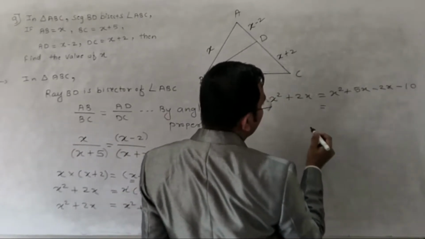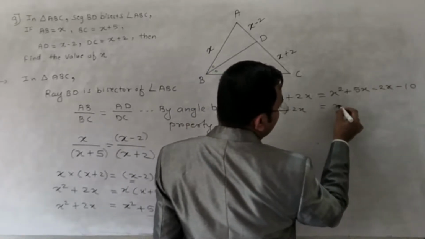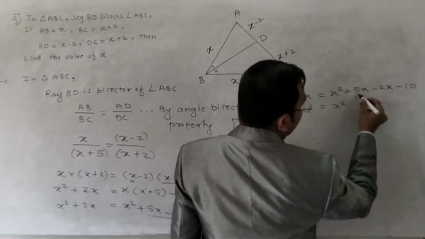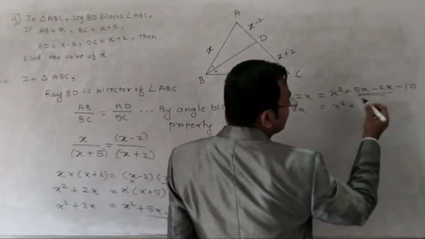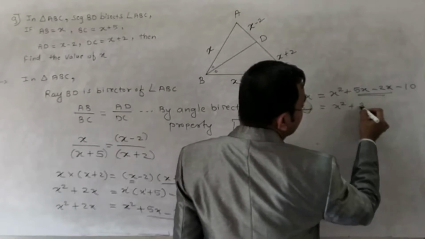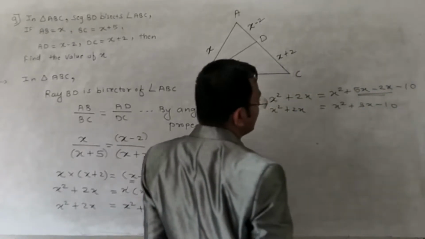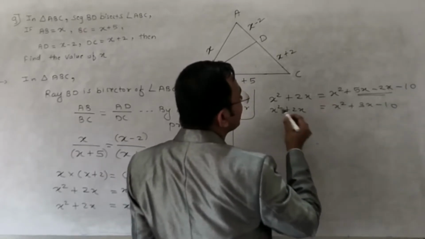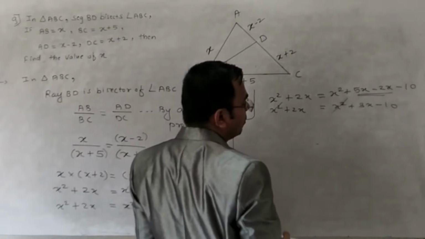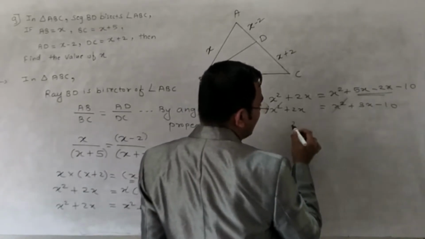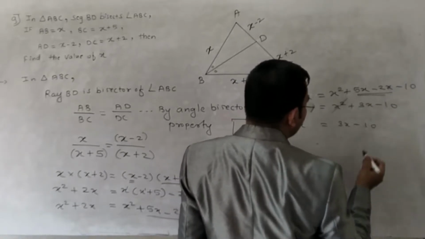So x square plus 2x is equal to x square, as it is, and from 5x subtract 2x, what do you get? 3x, minus 10 as it is. Both sides have x square, so we can cancel it from both sides. What remains? 2x is equal to 3x minus 10.